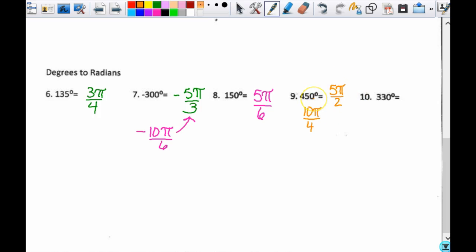Okay, what else goes into 450? Does 60 divide in there? No. Does 30? Yeah. So this could give me 15 pi over 6. But guess what? That reduces to that as well. All right. But the biggest one will get you directly there. But you being able to reduce fractions shouldn't be a big deal at this point, I would hope.